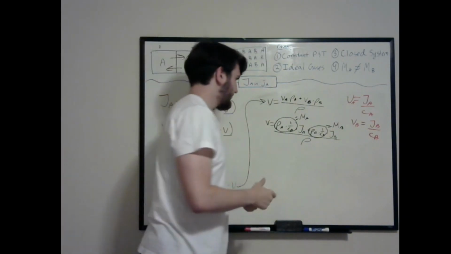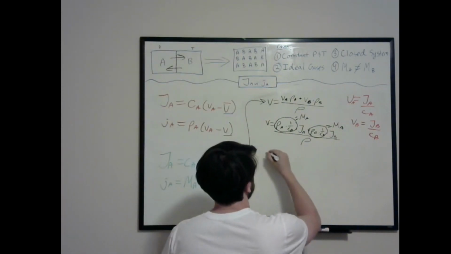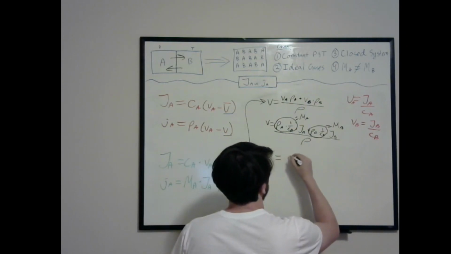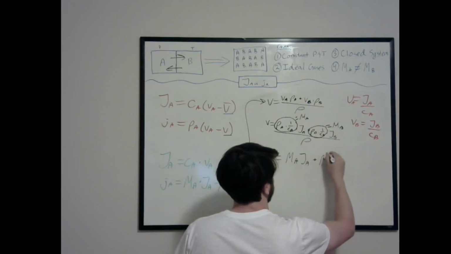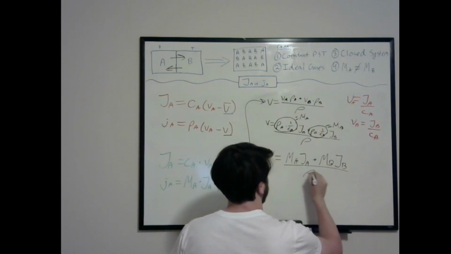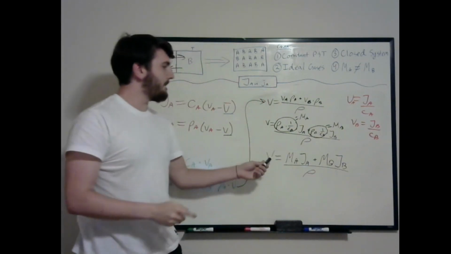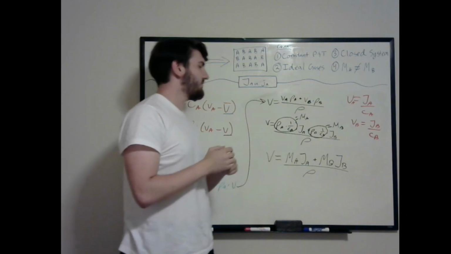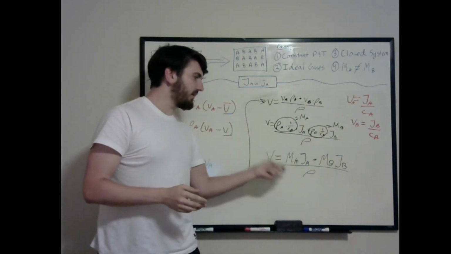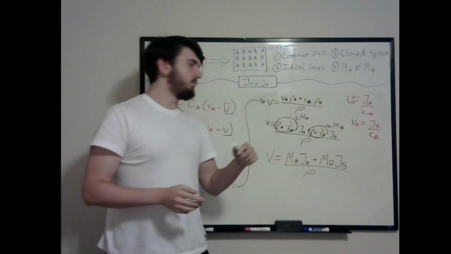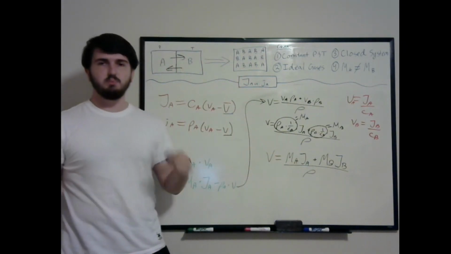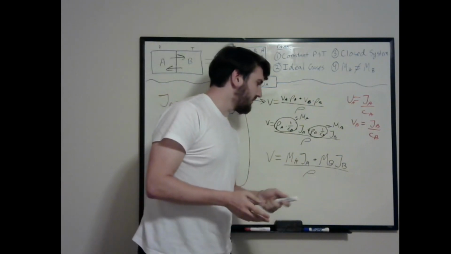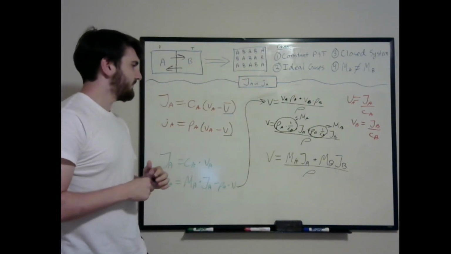Using that, we can rewrite this as: the total mass average velocity is equal to the molecular weight of A times the molar diffusive flux of A plus the molecular weight of B times the molar diffusive flux of B, all over the total density.